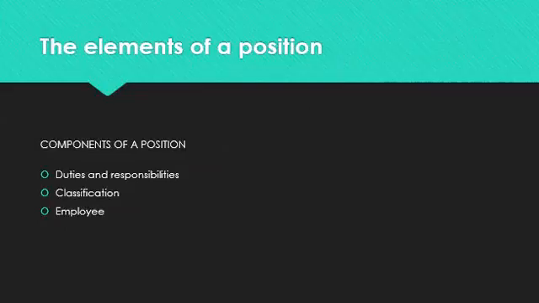A position description contains a wealth of information about an employee's position or role in an organization. There are three major components to a position description. Position-specific information: information specific to an individual position.